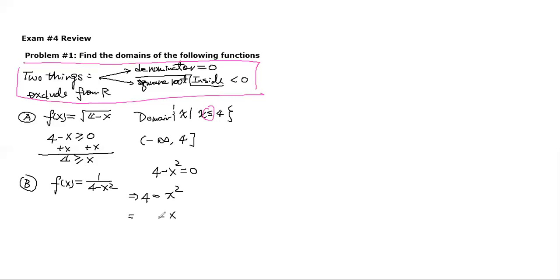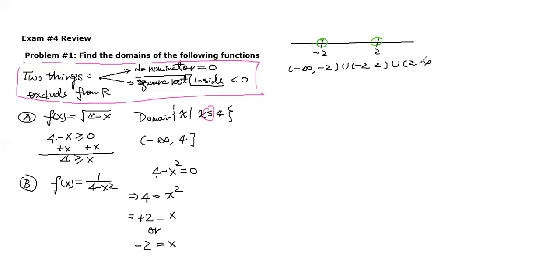So x can be equal to positive 2, or x is equal to negative 2. That means your domain can be everything except 2 and negative 2, right? So the way we write it will be negative infinity to negative 2, union negative 2 to 2, union 2 to infinity. So this will be the domain here.